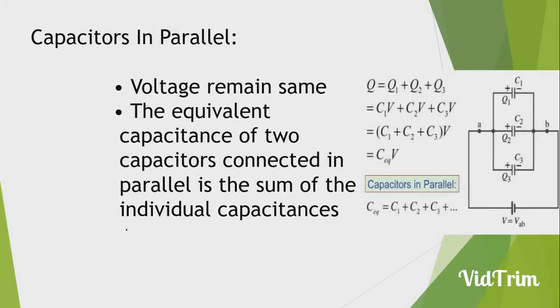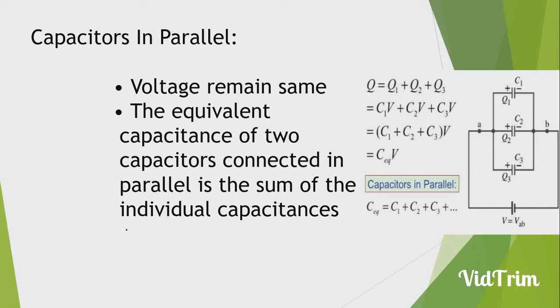Okay, let me see capacitors in parallel and capacitors in series. First of all, how to connect capacitors in parallel, which is shown in the diagram, and in this diagram there are three capacitors connected in parallel. In this parallel connection there is a voltage source, that is V equal to VAB.